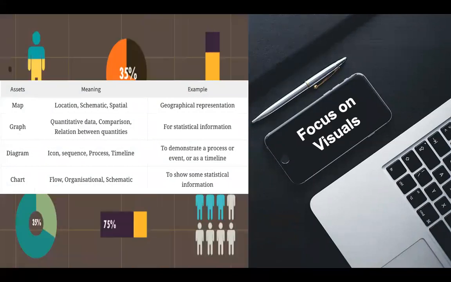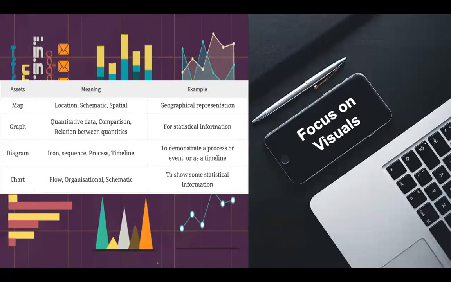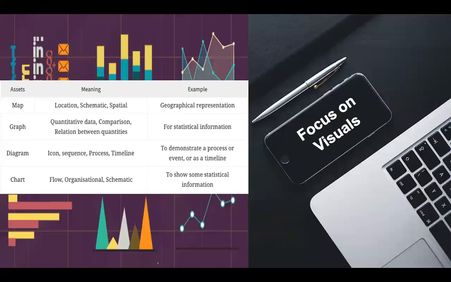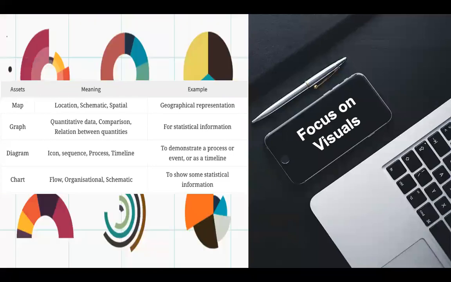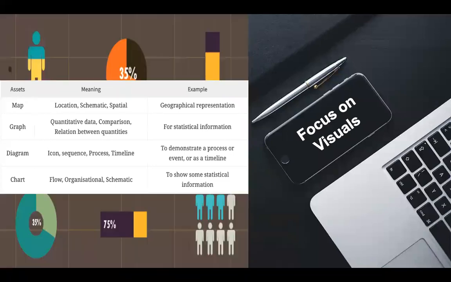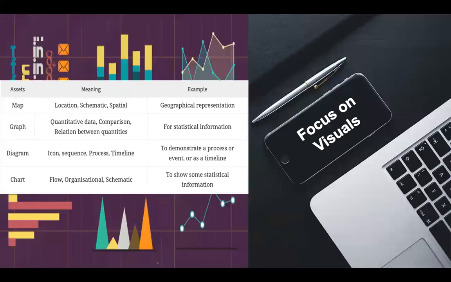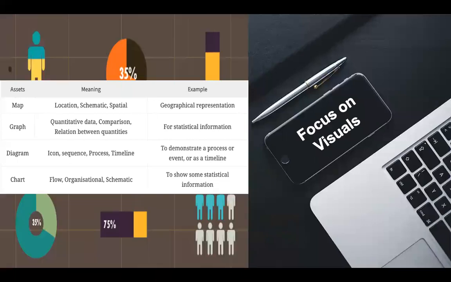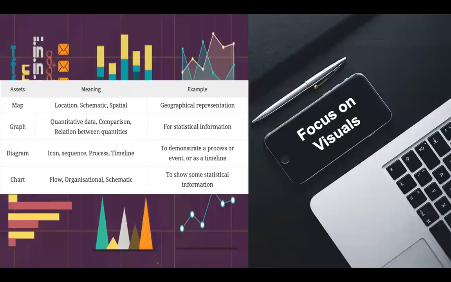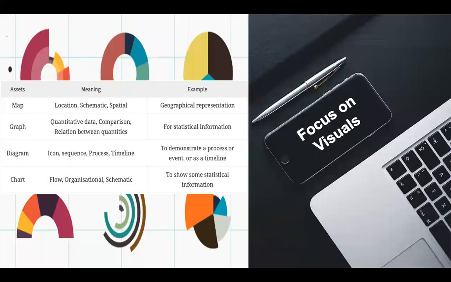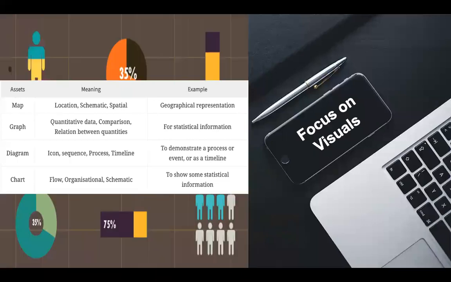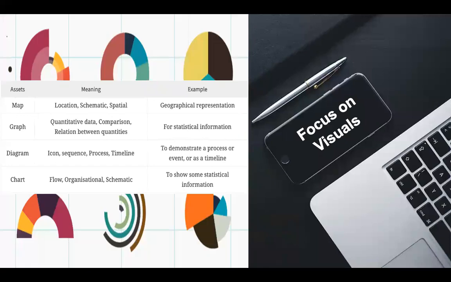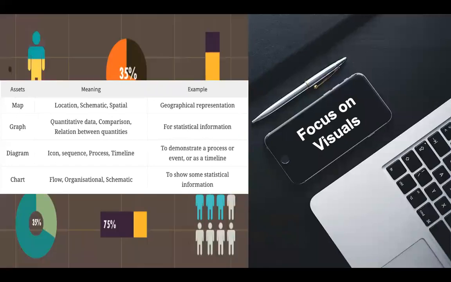Graphs are for quantitative data, comparisons, and relations between quantities, so if you want to represent statistical information, you will use graphs. If you want to show a sequence, a process, or a timeline, you use a diagram to demonstrate a process, event, or timeline. So this is one of the assets of an animated infographic.